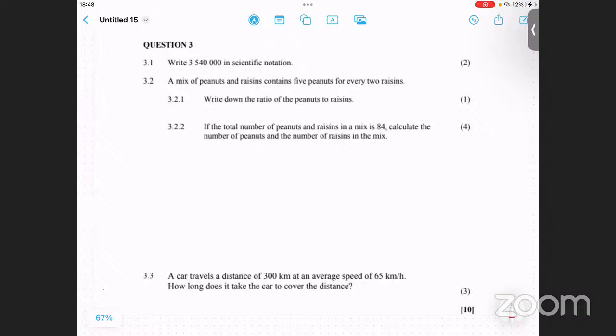Busisi, how are we going to write this in scientific notation?